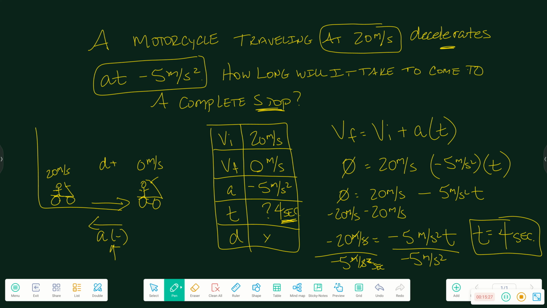Then you're going to have to solve using any one of the equations when you want to solve for distance. Whichever one makes it easier to do, you can use. So let's make it easy.